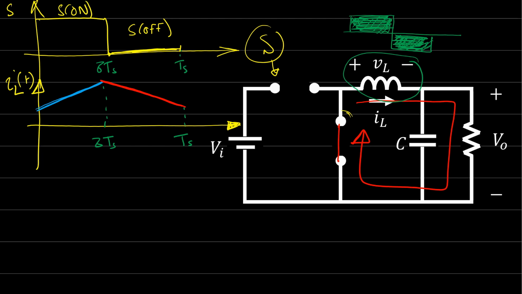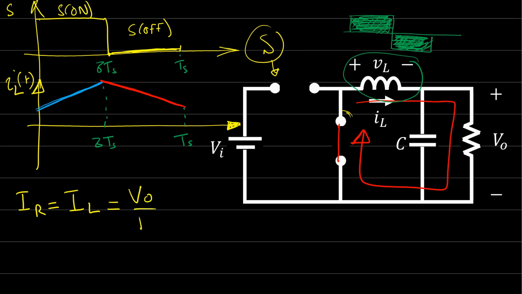Accordingly, the average current on the resistor will be the same as the average current in the inductor. So when the average current on the load, on the resistor, is equal to the average current on the inductor, IR will be equal to IL, because the ripple will be absorbed within the capacitor.